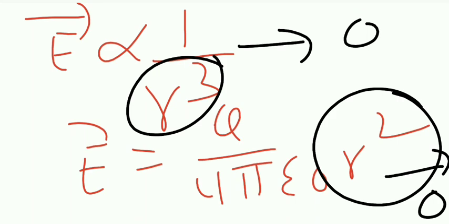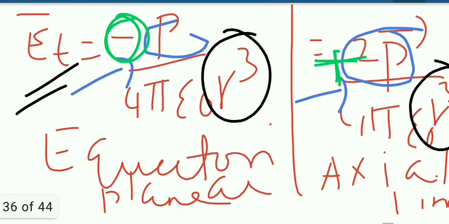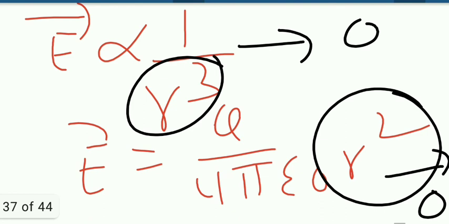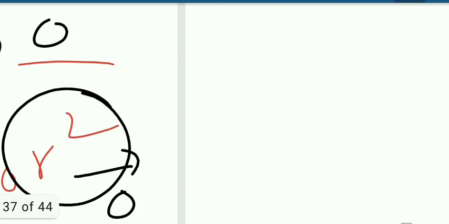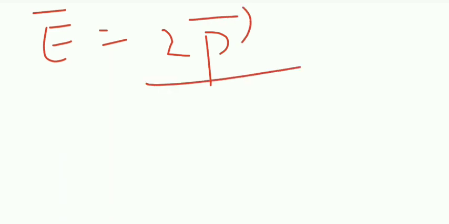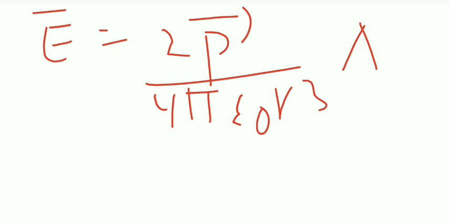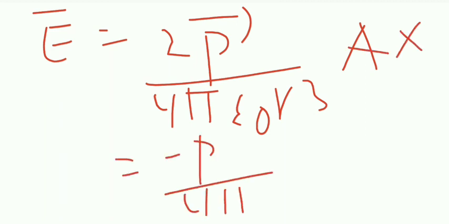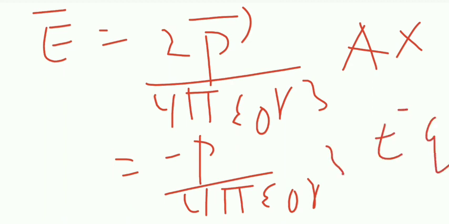Okay, now we have these two equations, E due to the axial line and E due to the equatorial plane. E varies as 2p divided by 4 pi epsilon naught r cube on the axial line, and minus p by 4 pi epsilon naught r cube on the equatorial plane, right?